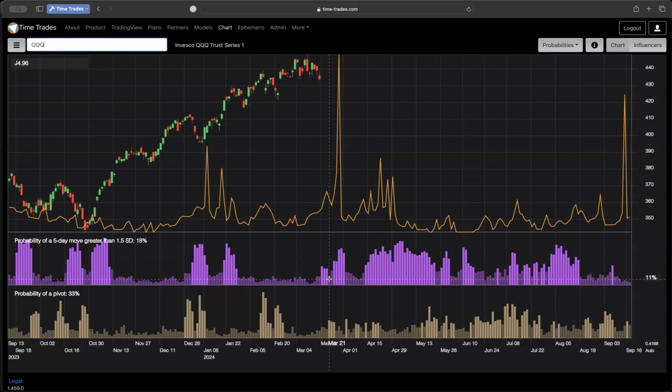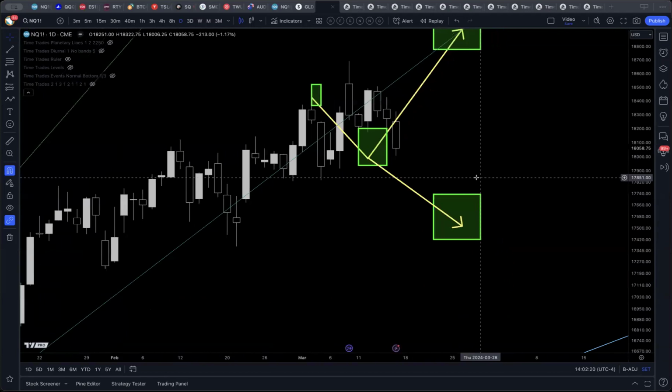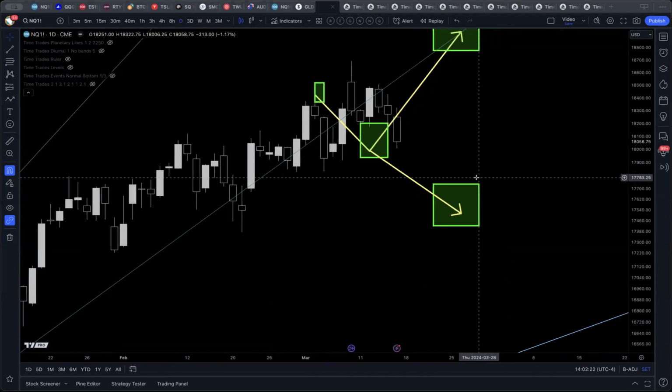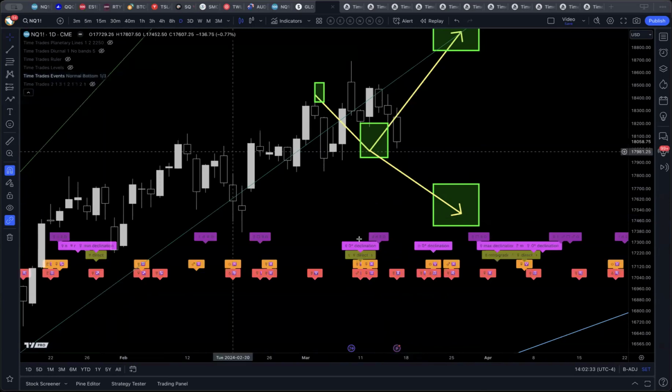Let's flip over to TradingView and take a closer look at what's going on here. We've got that juice spike that is peaking on March 20th, and that is Wednesday. Let's take a look at events.